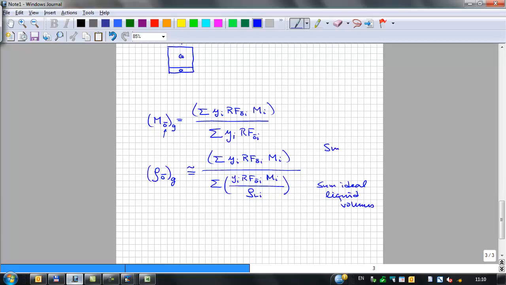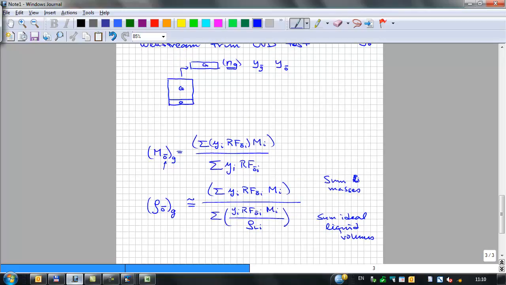This is the sum of the masses that become surface oil, right? This is the fraction of what's removed as gas that turns into surface oil on a molar basis.